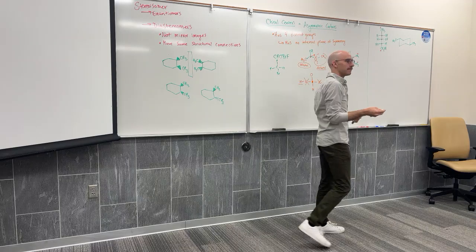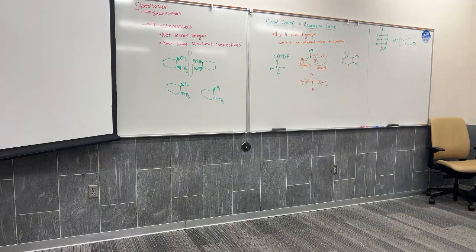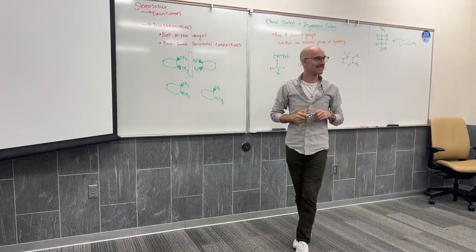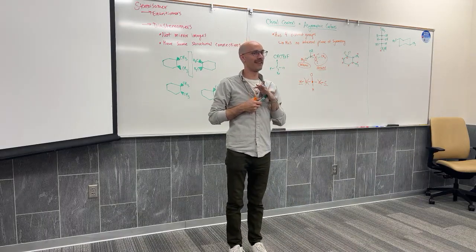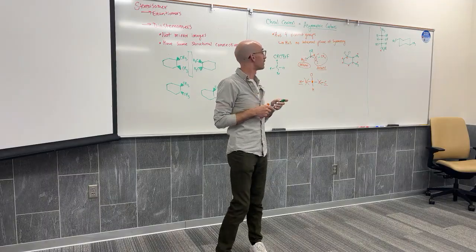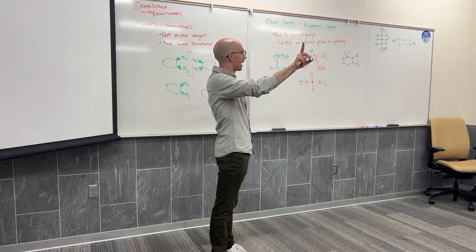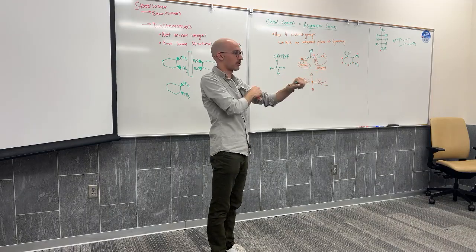What's its name? 1,4-dimethyl cyclohexane. Close. Minus a quarter point. Trans-1,4-dimethyl cyclohexane, because I know their stereochemistry. One is a wedged group, one is a dashed group. One is up equatorial, one is down equatorial.